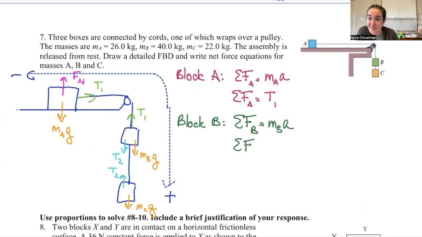Oh, I should have paused it. Okay, think about what's next. Okay. So for block B, we have its own weight pulling down, we have T2 pulling down, and then we have T1 pulling up.